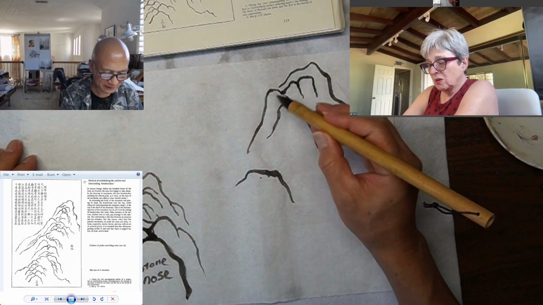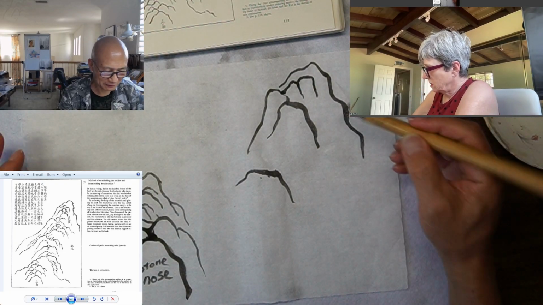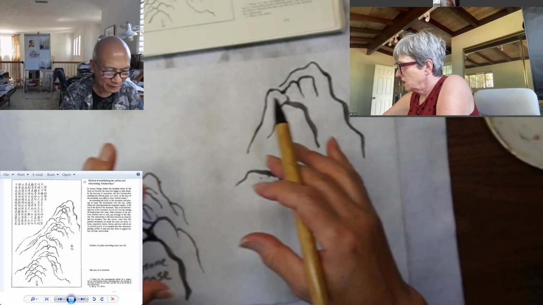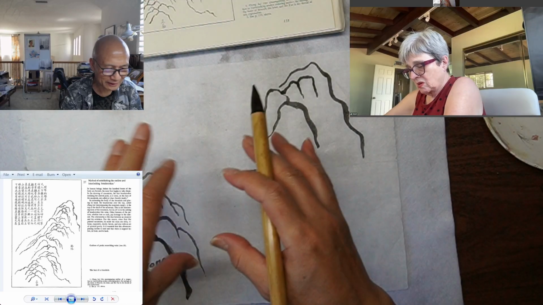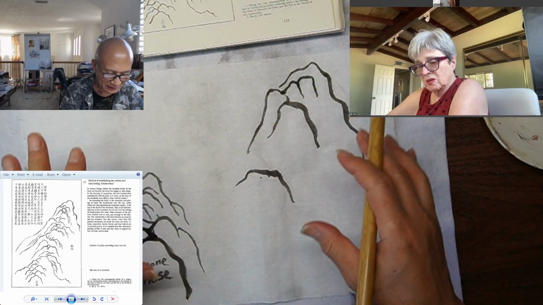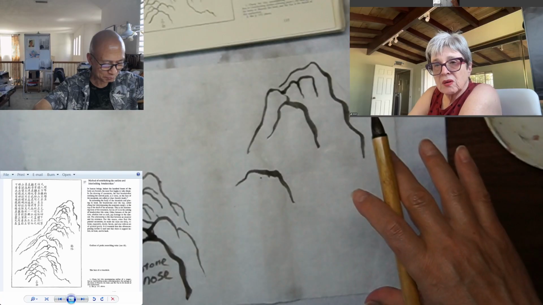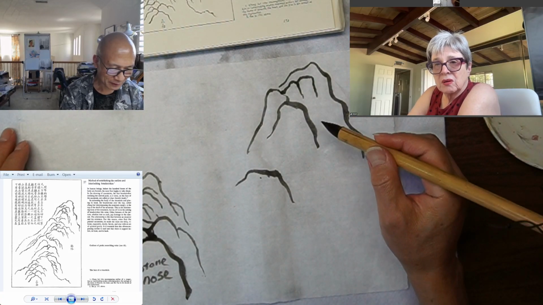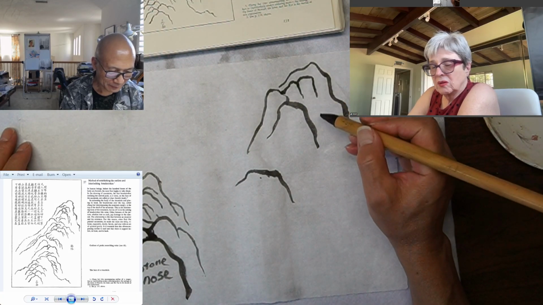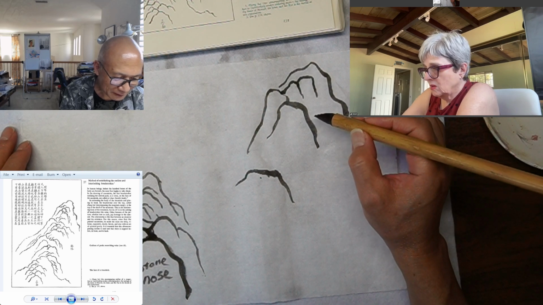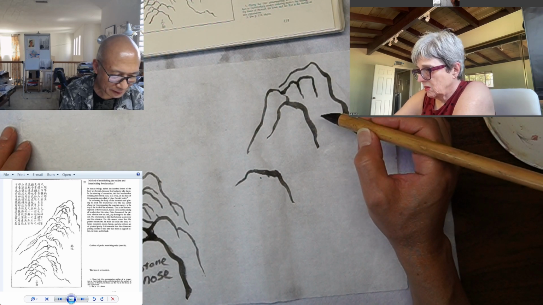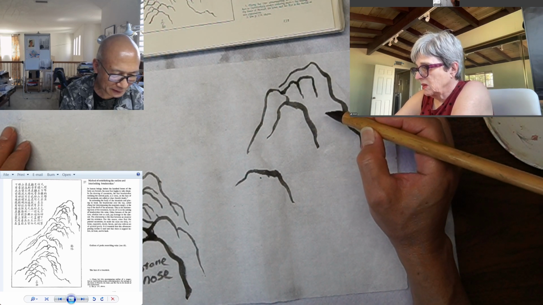Yeah, this is the parasol. It kind of encompasses the mountain, not covering, but like a protector, encompassing the mountain range.